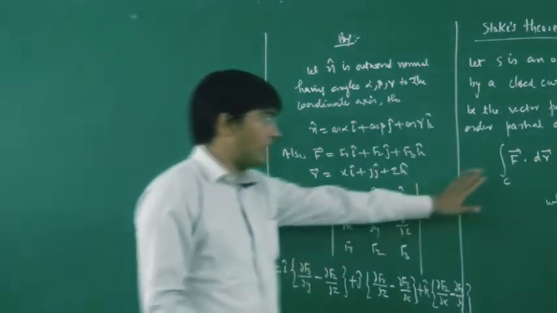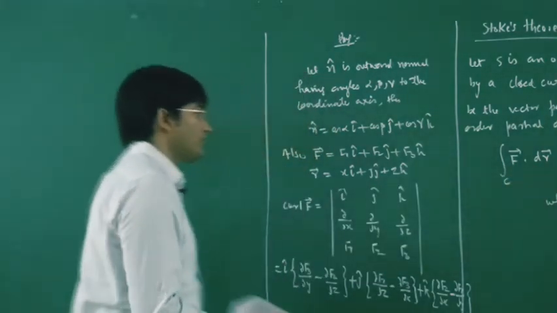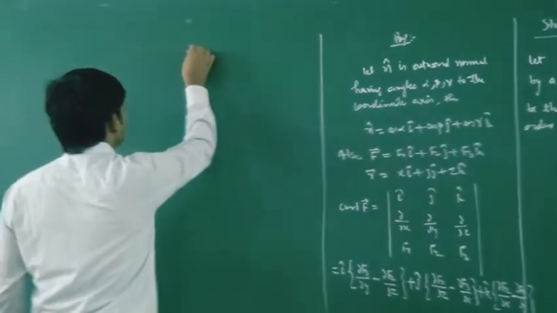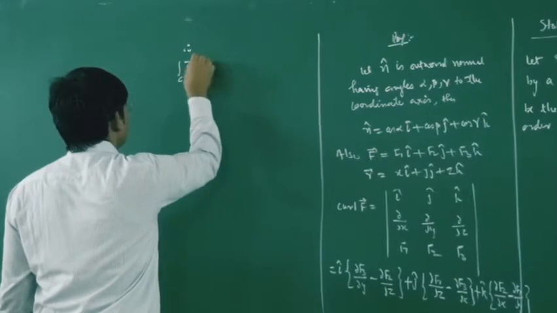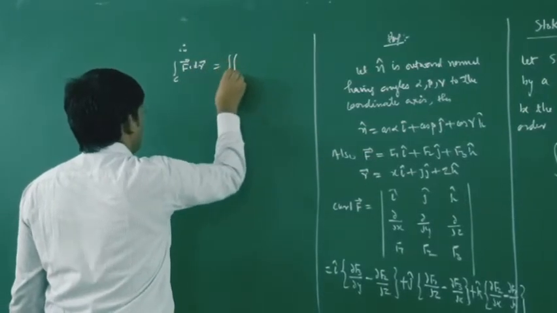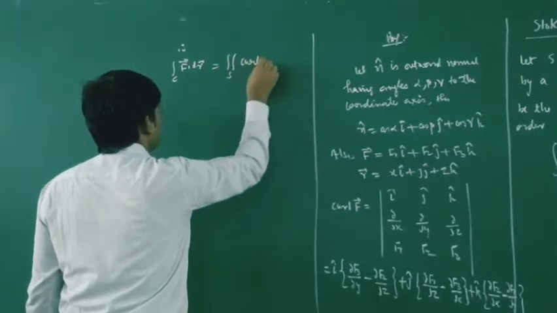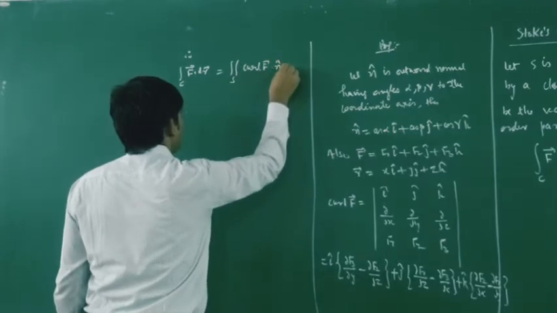Now let us write this equation in Cartesian form. Therefore the integral over C of F dot dr equals the surface integral of curl F dot n ds.